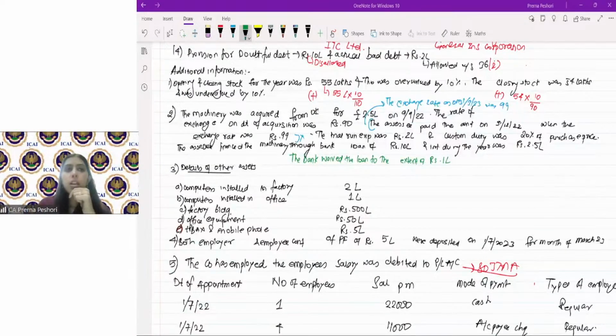Okay. So understand this thing very clearly. This section 43 again talks about the actual cost of the asset. The section 43 of the Income Tax Act talks about the actual cost of the asset.